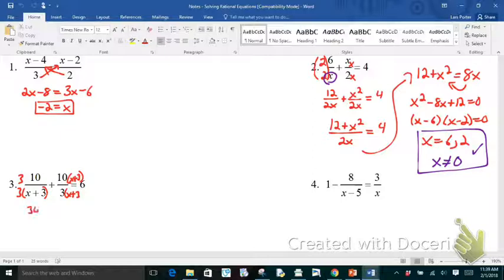So that will give us 30 over, and I'm going to leave these things separated, 3 times x plus 3 plus the top, I'm actually going to go ahead and distribute. 10x plus 30 over 3 times x plus 3 is all equal to 6.